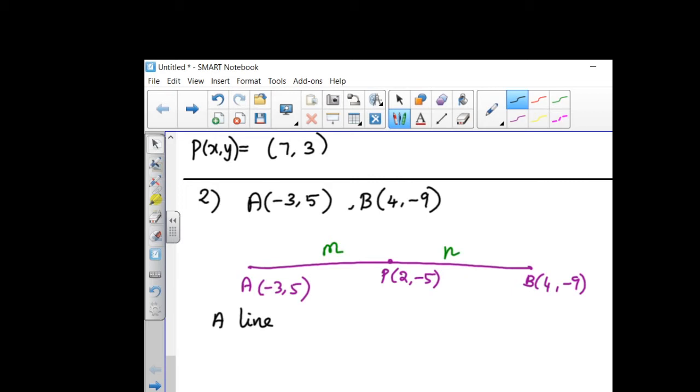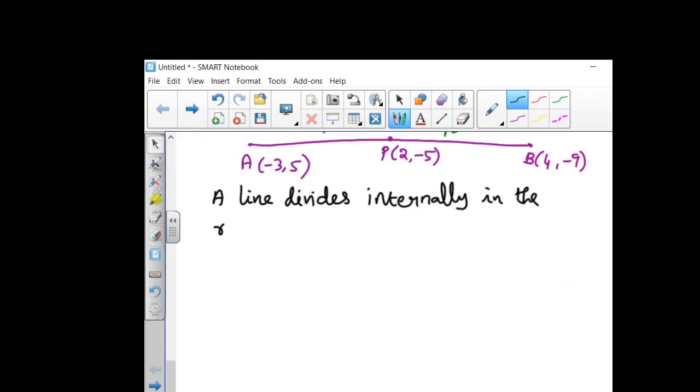Okay, a line divides internally in the ratio m is to n. So what is the point?